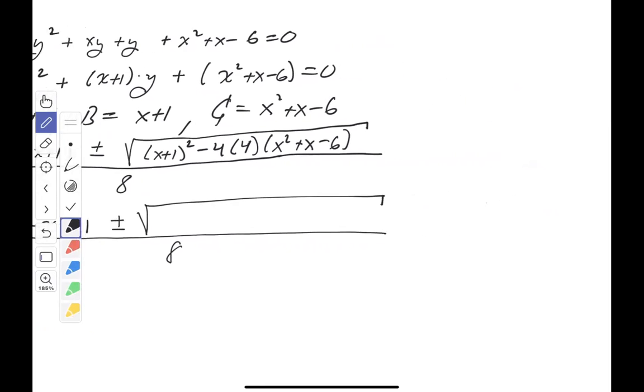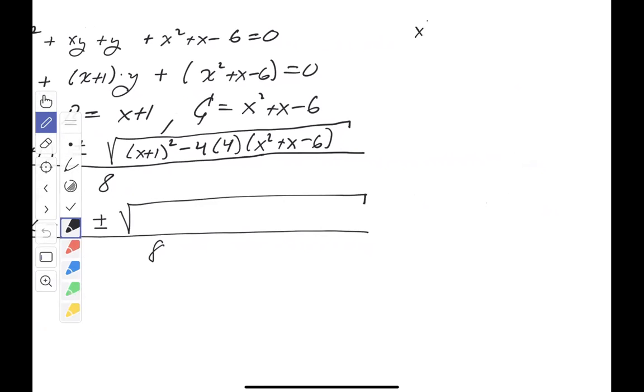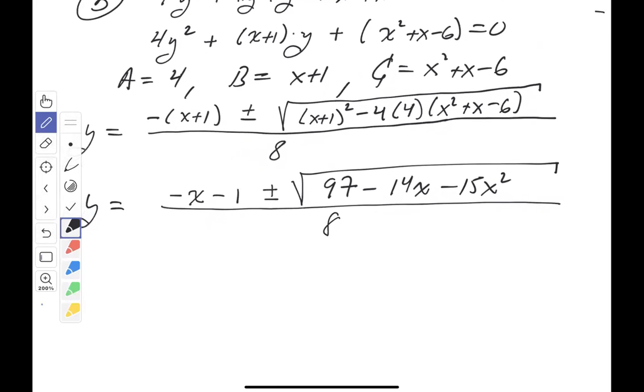X squared plus 2x plus 1 minus 16x squared minus 16x plus 16 times 6. That's going to be 60 and 36, 96, right? So what do you get? 97 minus 14x minus 15x squared. All right.